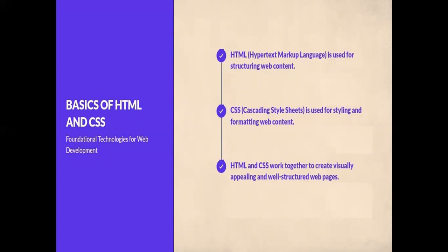CSS, cascading style sheets, is used for styling and formatting web content. It controls the visual appearance of HTML elements, including colors, fonts, and layouts. HTML and CSS work together to create visually appealing and well-structured web pages. They form the foundations of web development and are essential skills for developers.